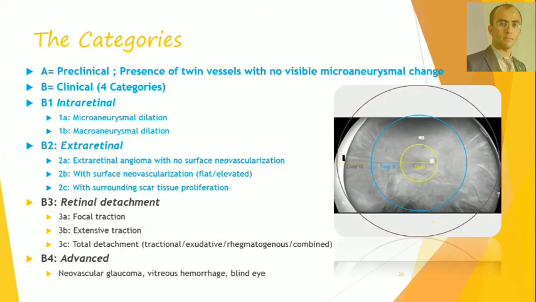And the final one, category 4, corresponds to the advanced manifestations of the disease: neovascular glaucoma, vitreous hemorrhage, and painful blind eye. These complications of retinal hemangioblastoma are placed in the advanced category 4.